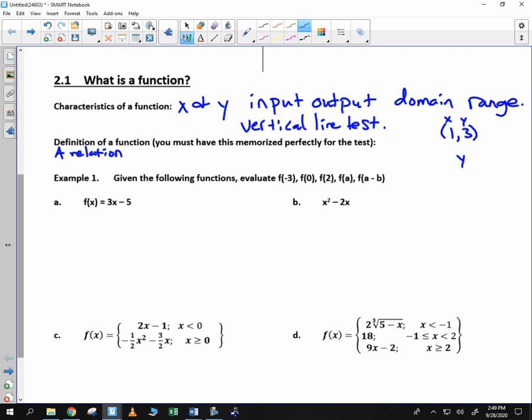You could also have, say, y equals 2x plus 1. That's also a relation as it maps a bunch of different points, for example, say (4, 9).